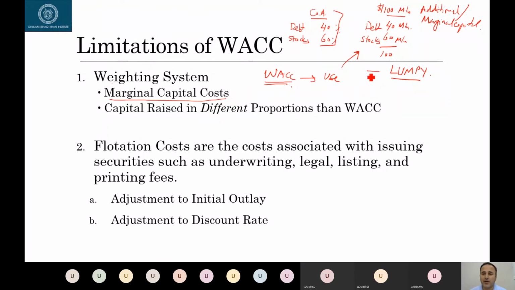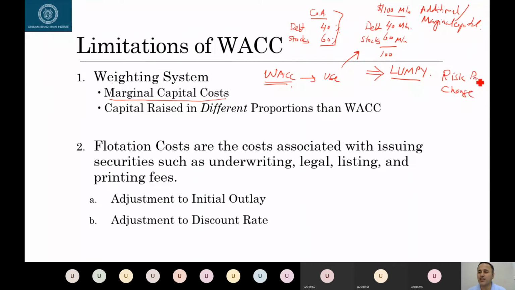Because companies generate that capital in lump sum, they're lumpy, okay? So if they're lumpy, it means that it disturbs the capital structure of that company. It disturbs, in other words, the ratio between debt and stocks. And if it disturbs that ratio, it means that the risk is changed now.